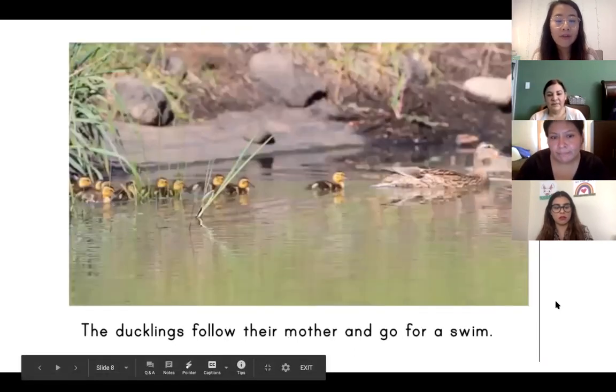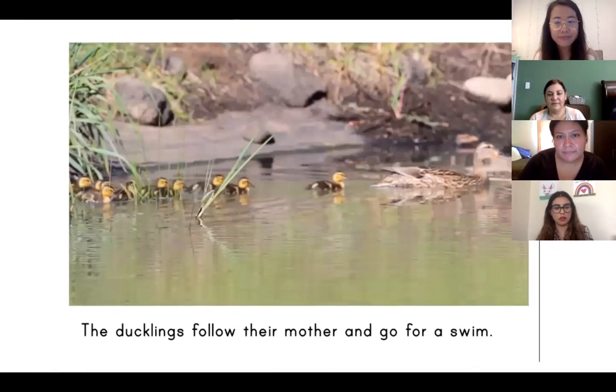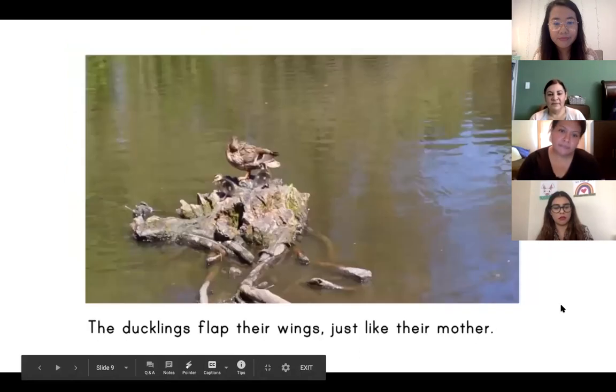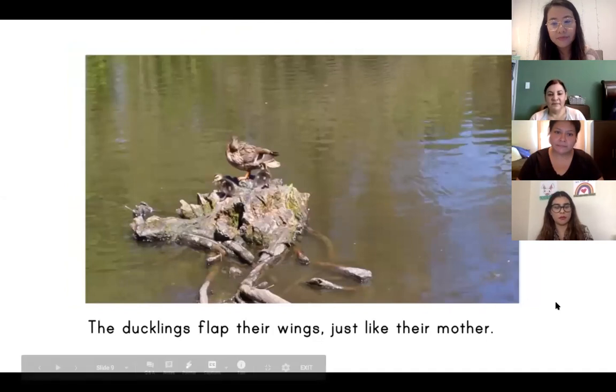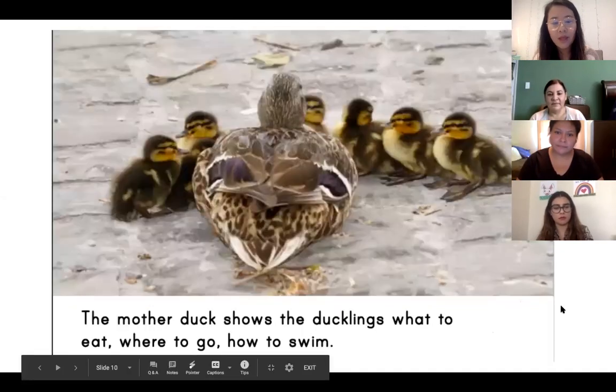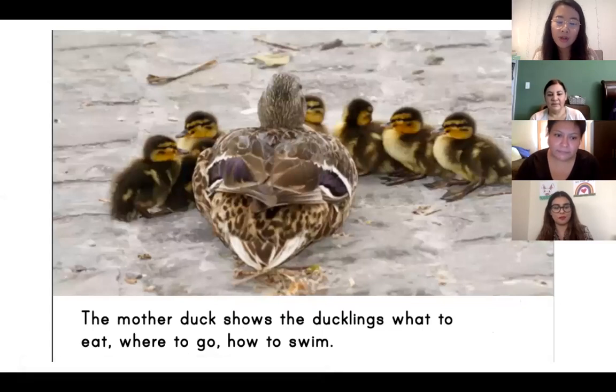The ducklings follow their mother and go for a swim. The ducklings flap their wings, just like their mother. The mother duck shows the ducklings what to eat, where to go, how to swim.